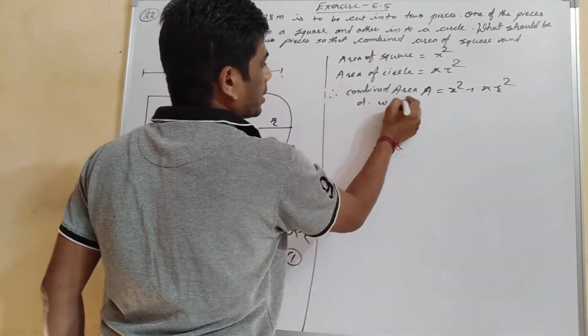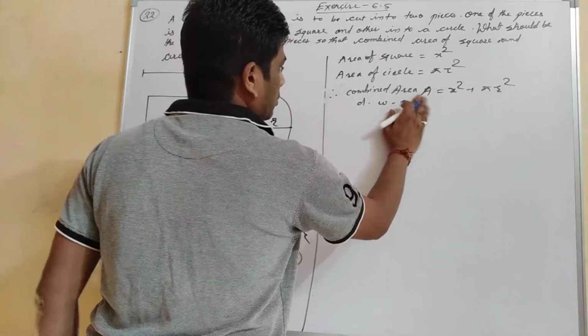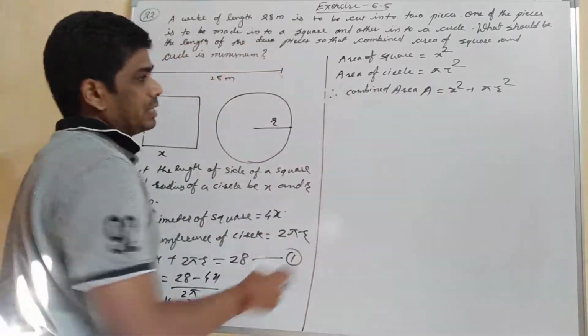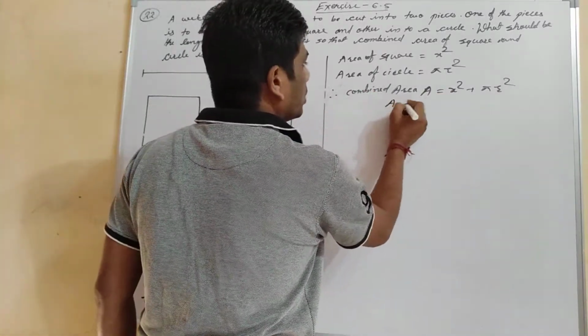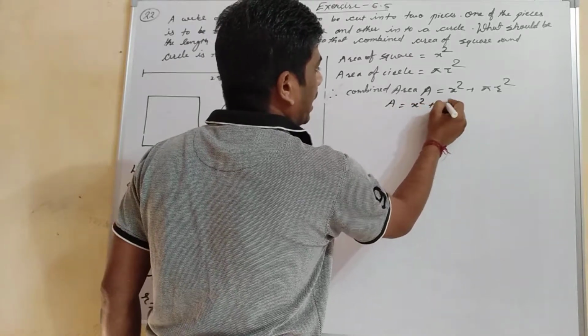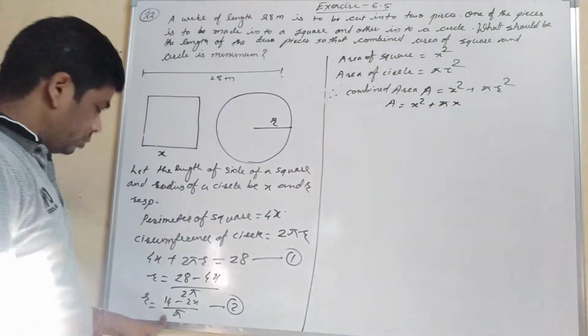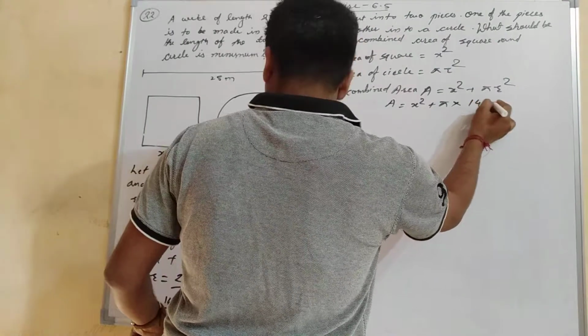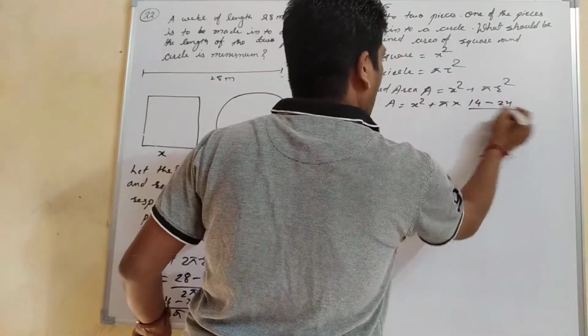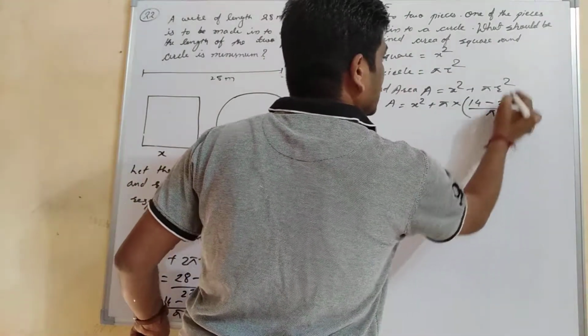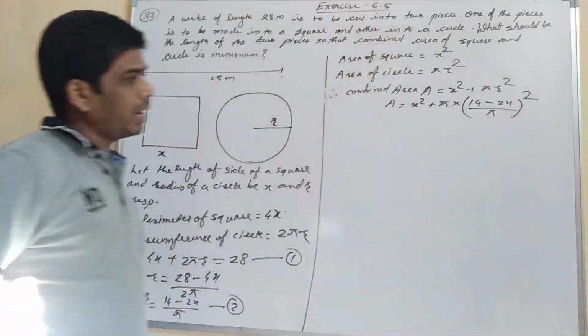Now first we will substitute the value of r here. So A equals x square plus pi into r, where r is 14 minus 2x upon pi, and it is squared.